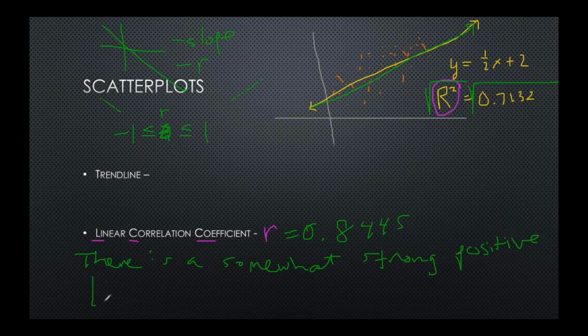A somewhat strong positive linear correlation between, I don't know, X and Y, whatever your two variables are. I don't have any labels on this example, so I don't have anything for real here. But it's between your independent and your dependent variable. Whatever those pieces are, you can show a linear correlation. That doesn't mean that one is causing the other. That just means those two things are related in some way.